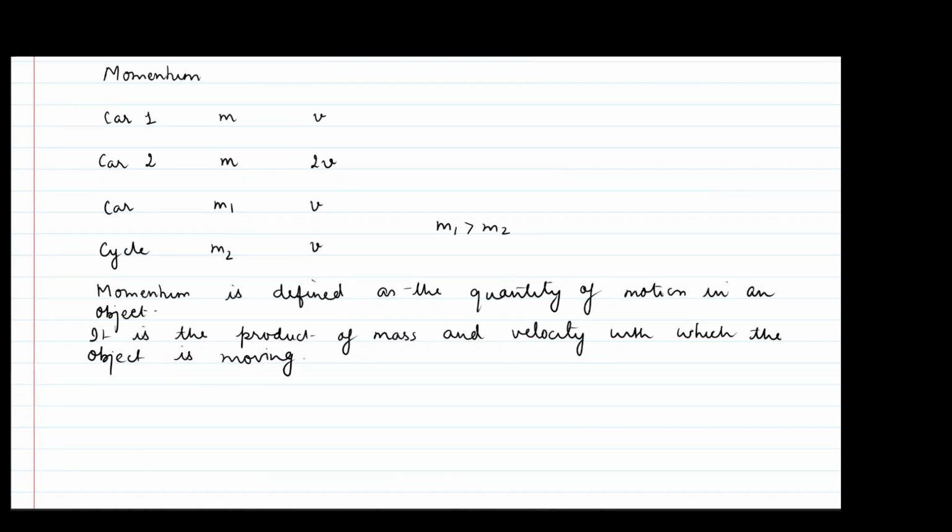Now, the symbol of momentum is P. In physics, normally we have very set symbols which we don't change. So the letter P represents momentum, and it is the product of mass and velocity.